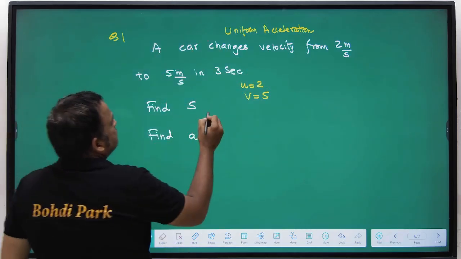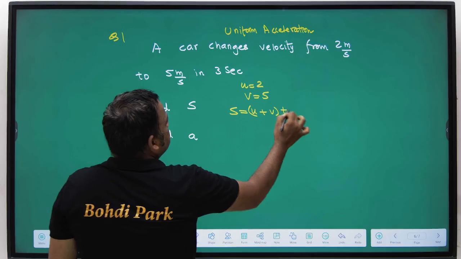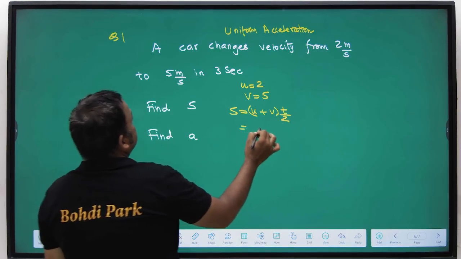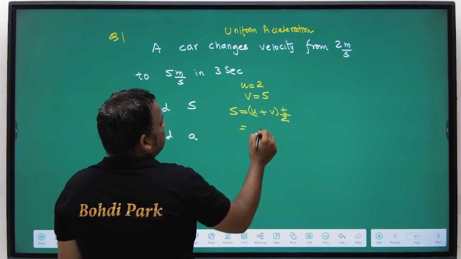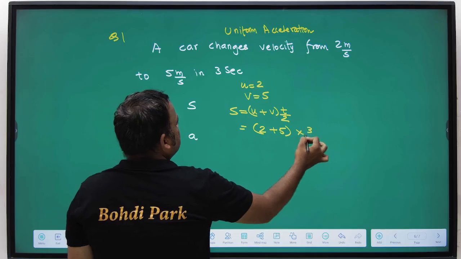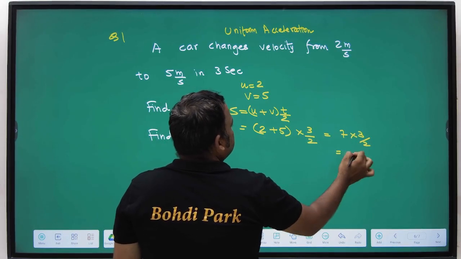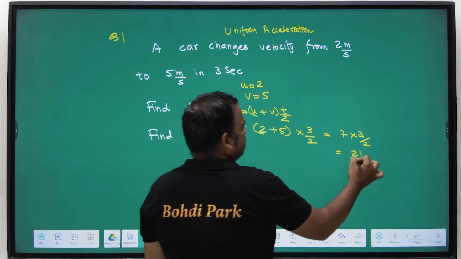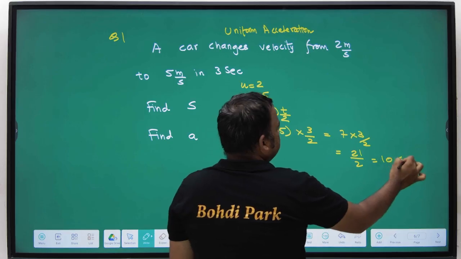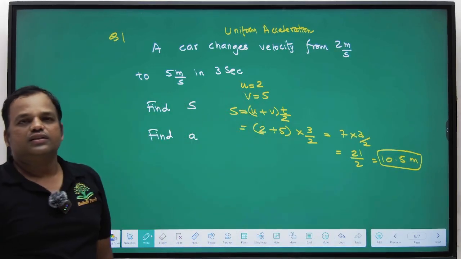So we will use s is equal to u plus v into t by 2. Now time is given 3 and u and v given, so 2 plus 5 into 3 by 2, so that will be 7 into 3 by 2, so that is 21 by 2. So 10.5 meter, this is the displacement.